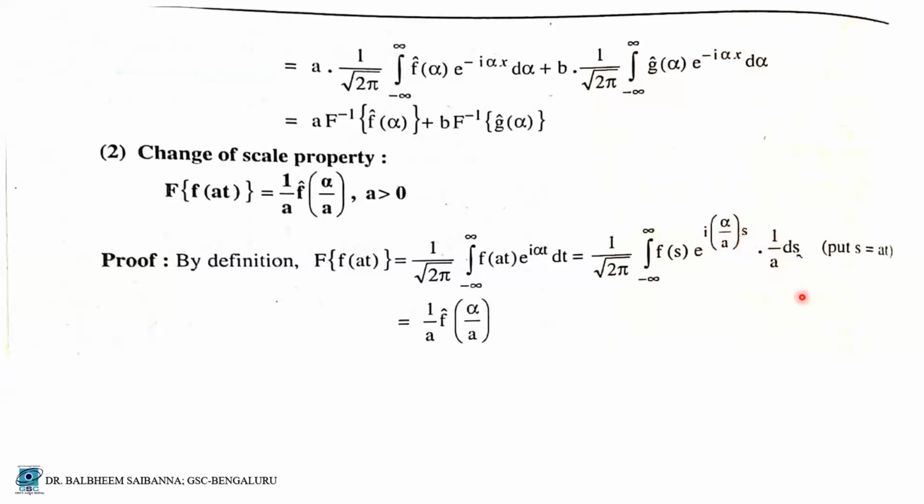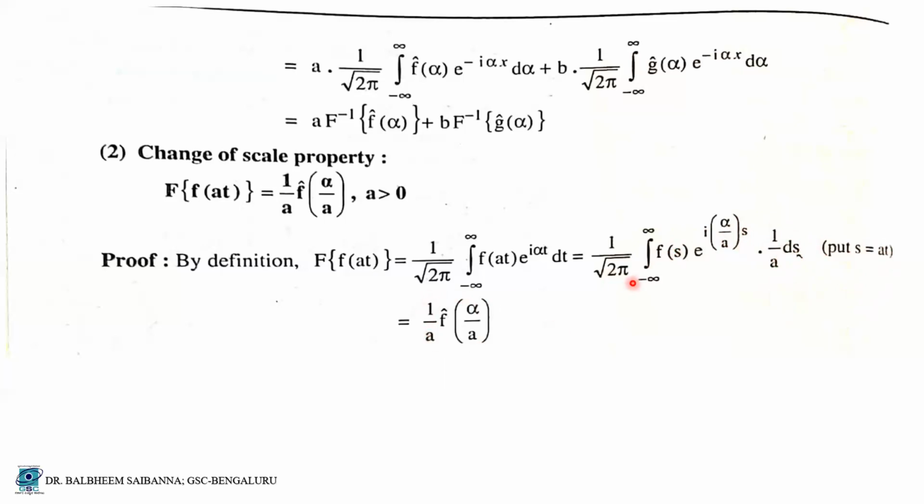After differentiating, we get dt is equal to 1 by a ds. Then this 1 by a is constant, because s is the variable, so it goes right outside the integral.